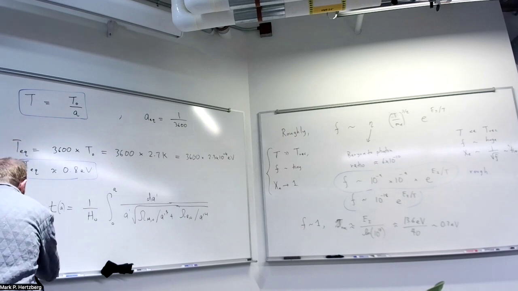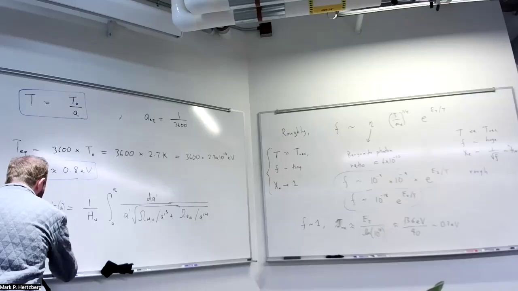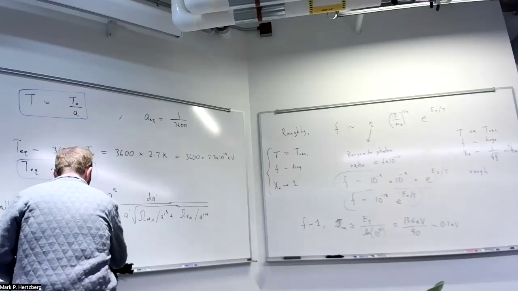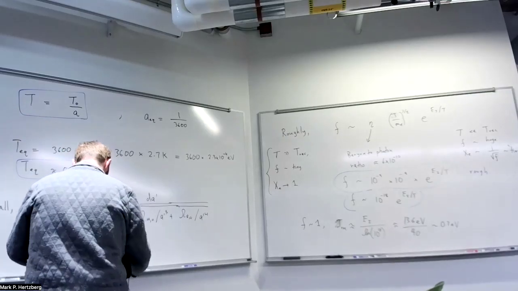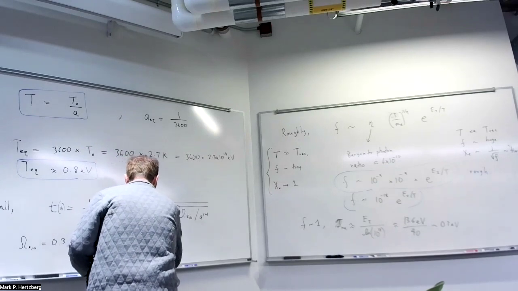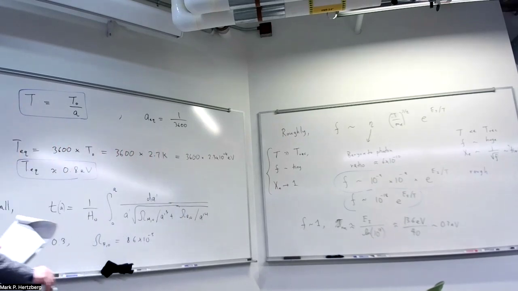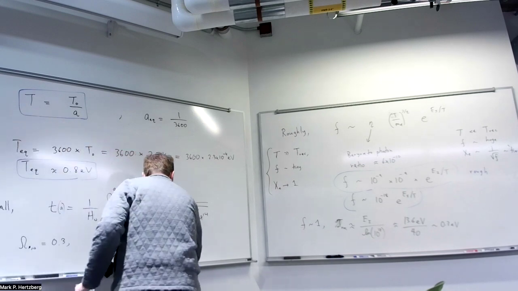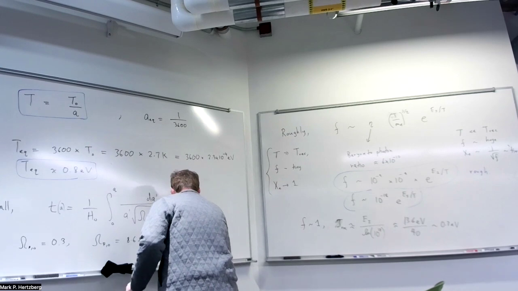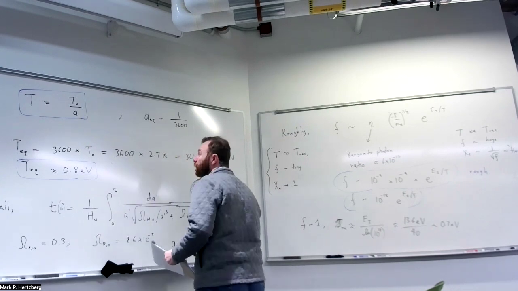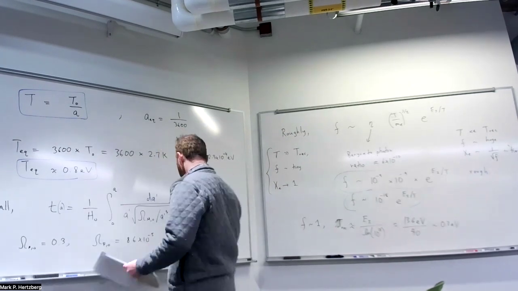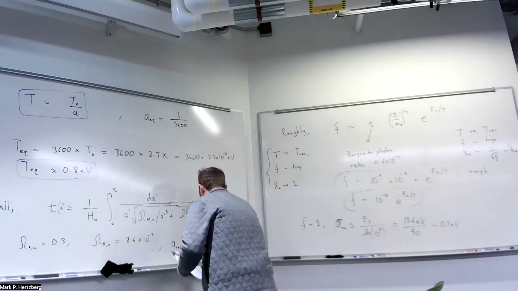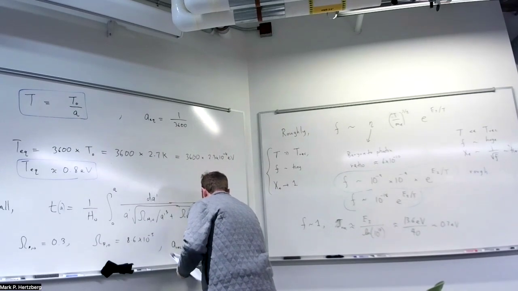And then we just recall omega matter is about 0.3 today. Omega radiation today is 8.6 times 10 to the minus 5. Not much radiation left over today. And then we just need the a of recombination, which I can get by inverting this formula. That means the temperature of recombination over today's temperature.